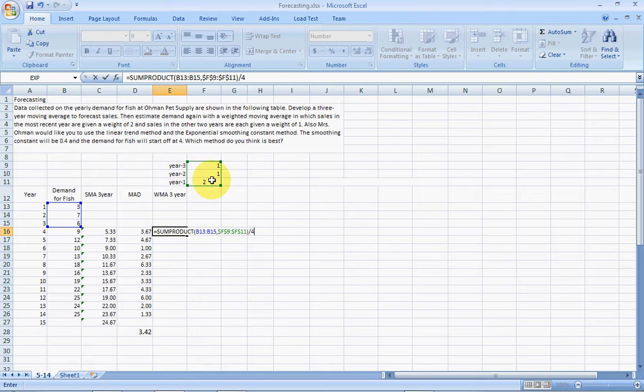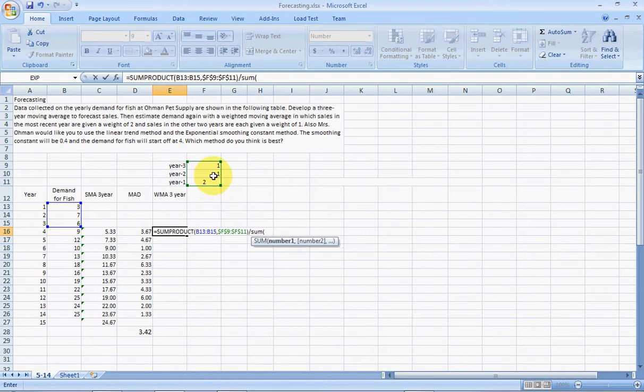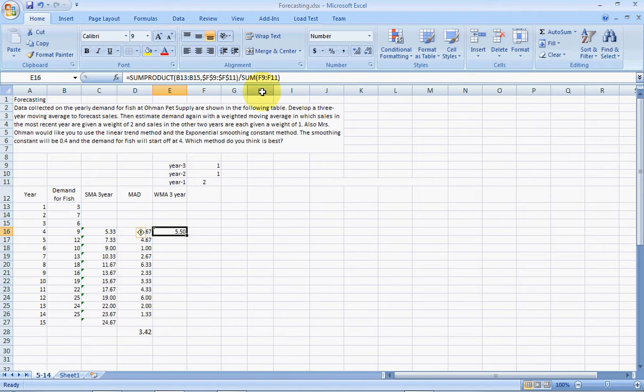And I'm using 4 because it's the sum of the weights. I could also do sum of this as well, and we'll get the same answer. And I'll need to lock those cells. And if you forget, you have to do both of them. And then we can just drag this down to 1 past.